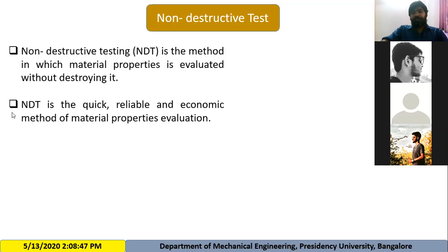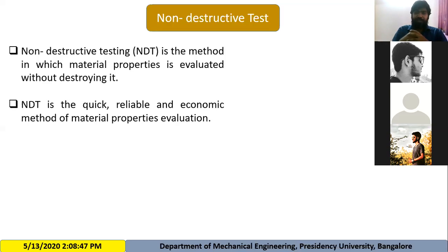If you look at destructive testing, let's take the example of the universal testing machine. That is a very heavy machine. It is costly also, and in order to measure various properties like yield strength or tensile strength, it will take time.